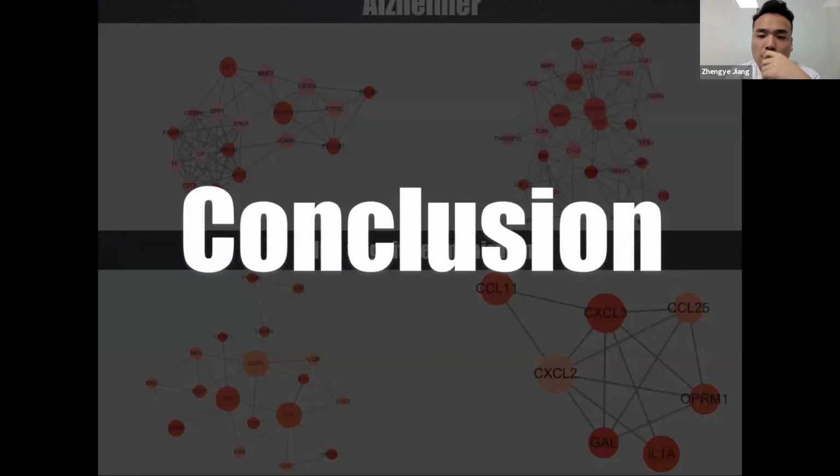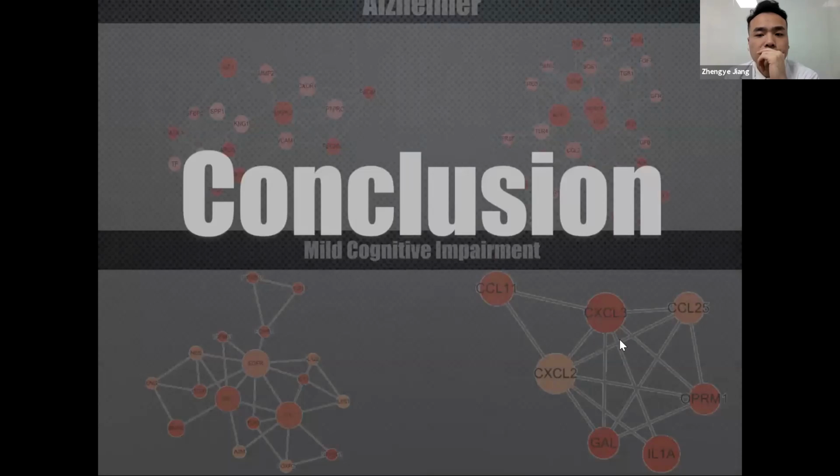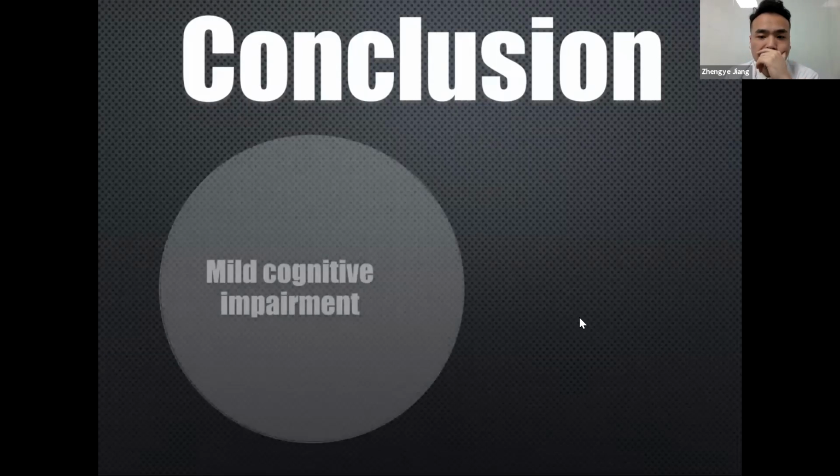These are the main results of this study. Finally, let's do a brief summary. First of all, we found through literature that chronic periodontitis is correlated with cognitive decline.